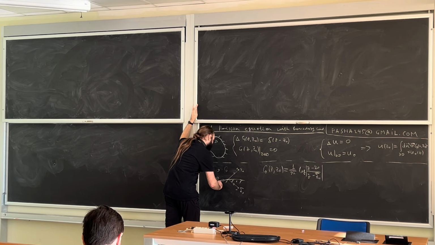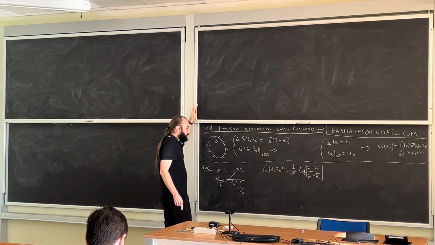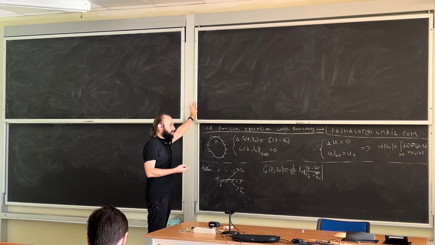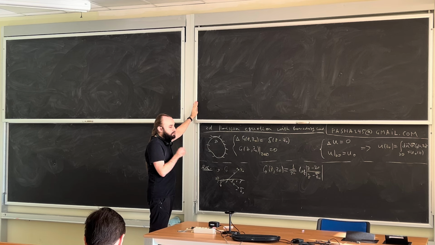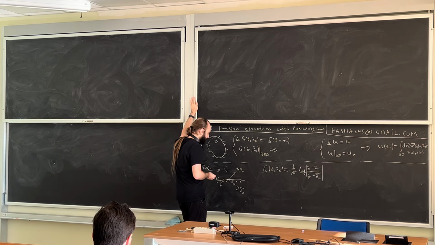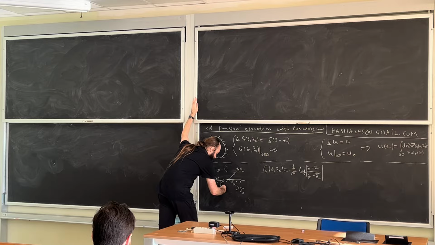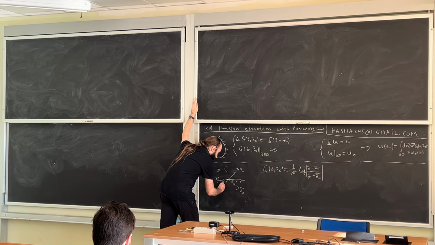Probably I might miss some orientations which can produce the opposite sign, but we will see if it is correct or not. If not, then we will simply change it manually.